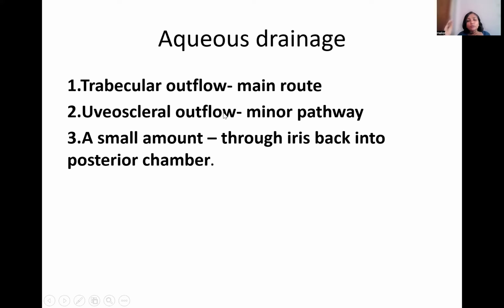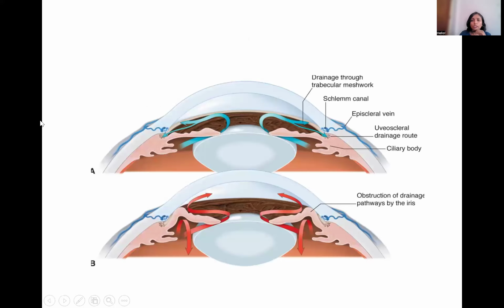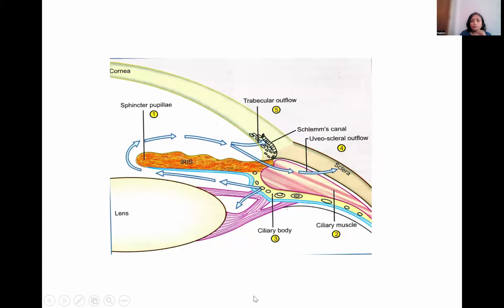Okay, so we have dealt with the formation of aqueous humor and the outflow of the aqueous humor, that is the trabecular and the uveoscleral pathway. You can see that this is the trabecular pathway, and here you have the uveoscleral pathway. Number one is the trabecular outflow, then you have the uveoscleral outflow.